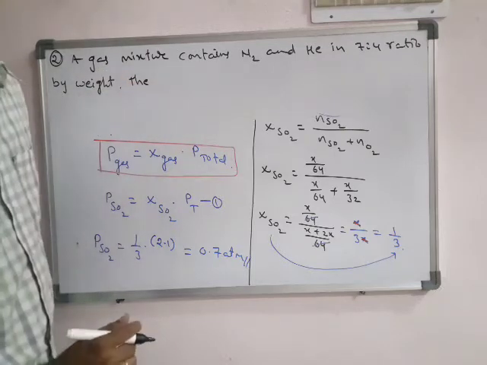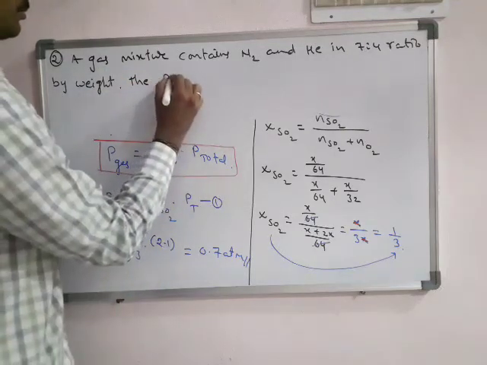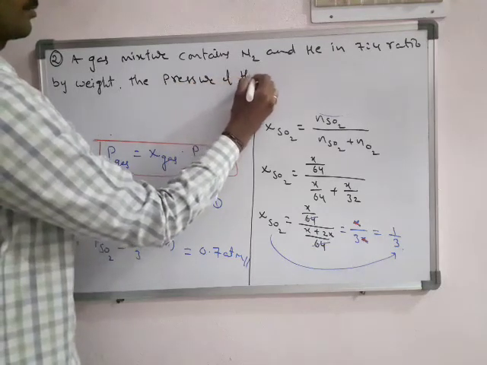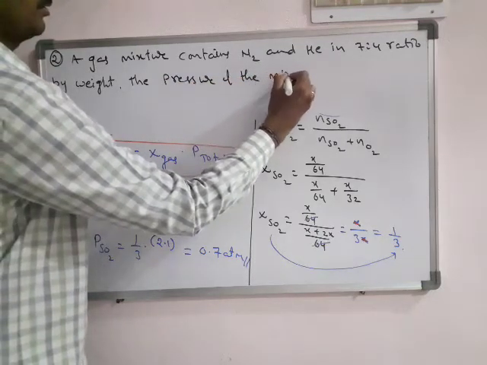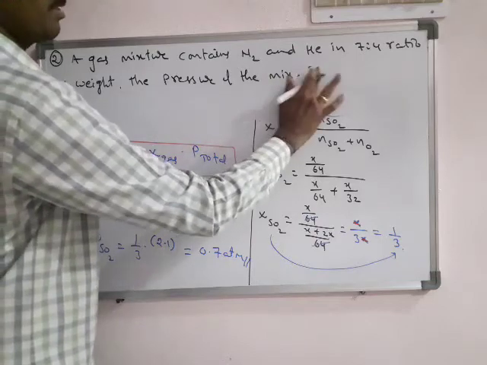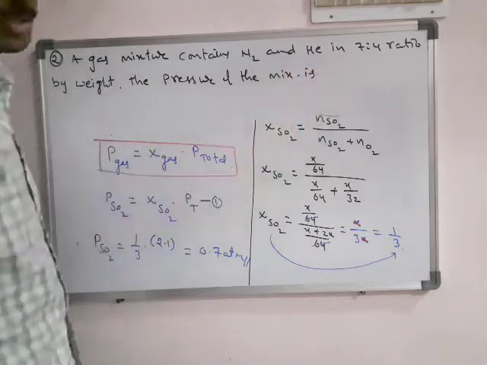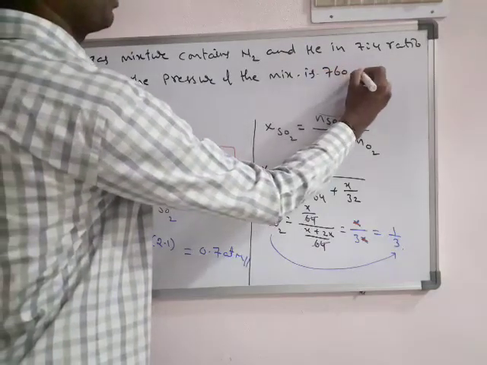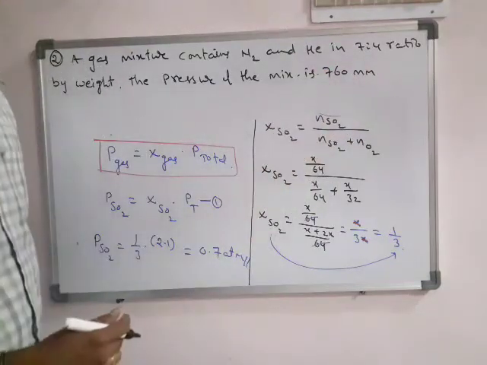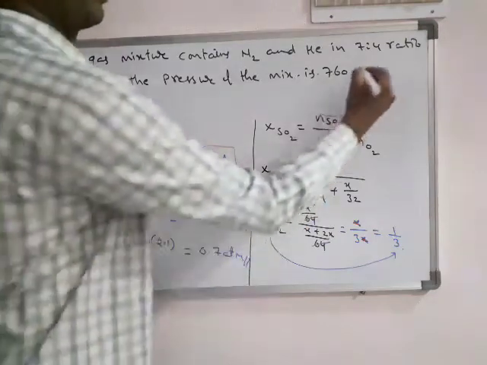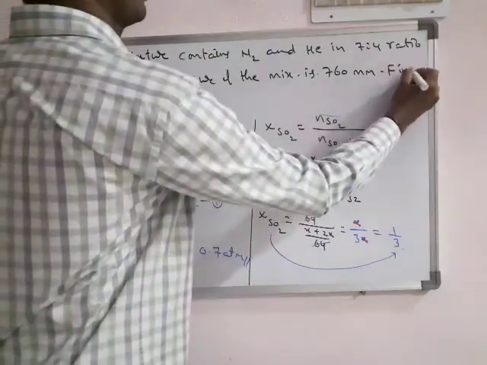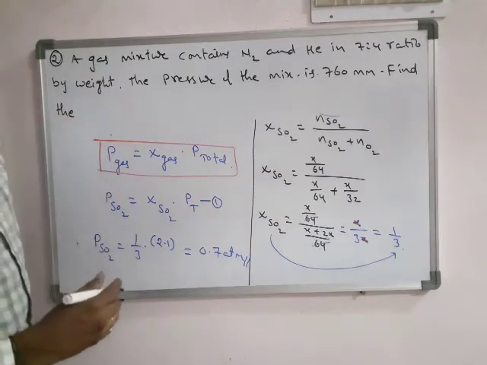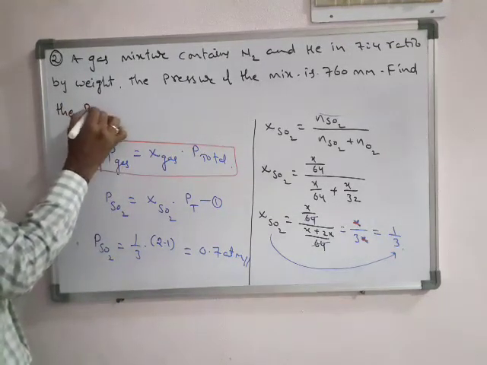And given that the pressure of the total mixture is 760 mm. So we need to find the partial pressure of nitrogen.